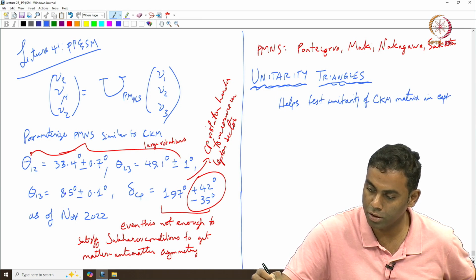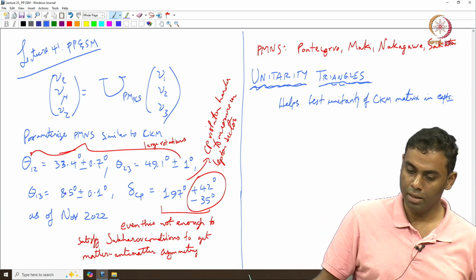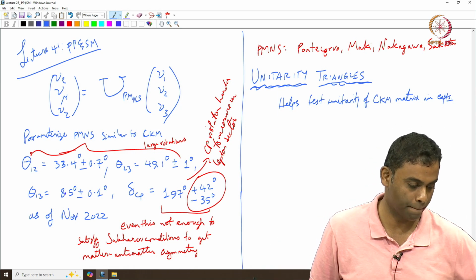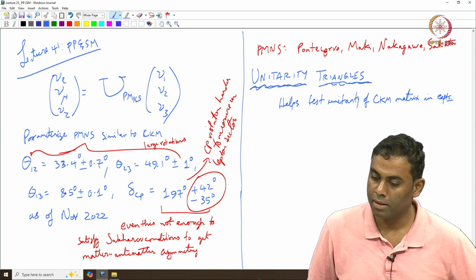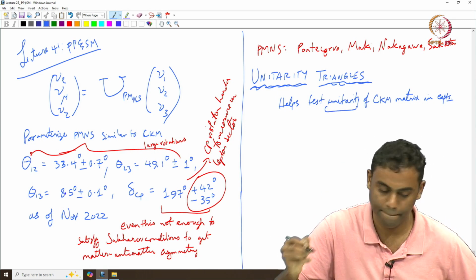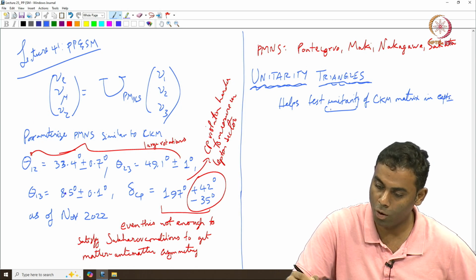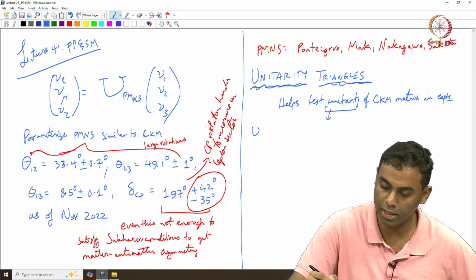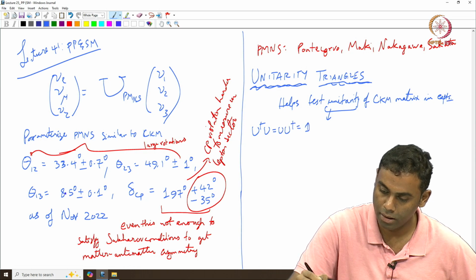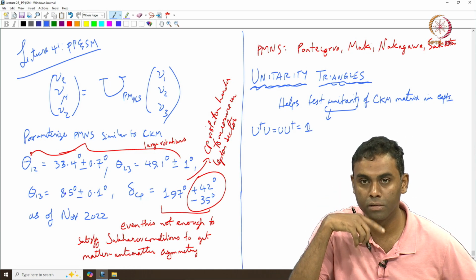You can also do this for the PMNS matrix, it is just harder. So, we will just inspect the CKM matrix. First of all, what does unitarity mean? How would I write it? I know that I can write it this way, but in terms of the elements, how would I write it?